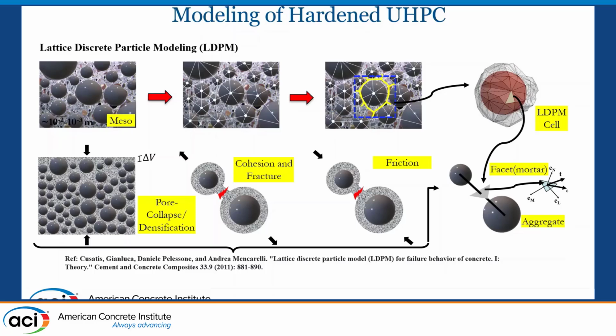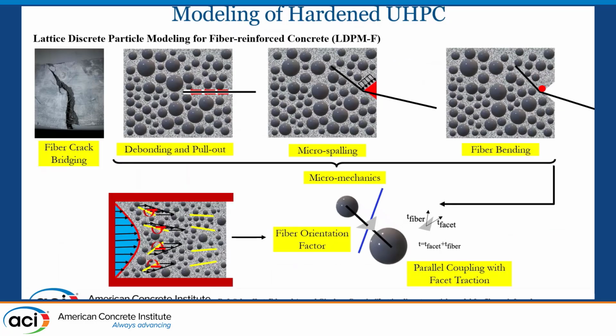So this is a lattice-based model. There is a variant of this model called the lattice discrete particle model F for fiber reinforced concrete, LDPM-F. It captures all the important micromechanics features which were introduced by Victor Li long back for ECC-type concrete and which were extended for the LDPM-F model. The good feature is that in LDPM-F, you can also generate a fiber orientation factor.